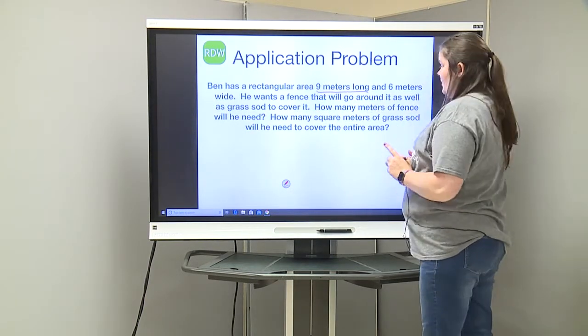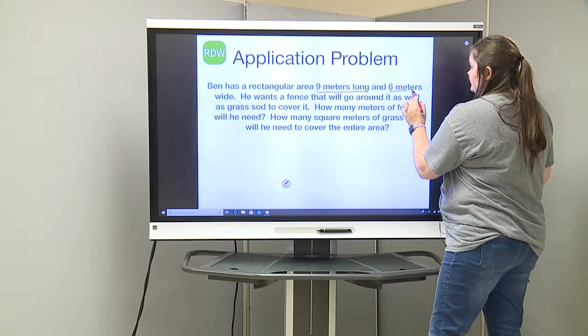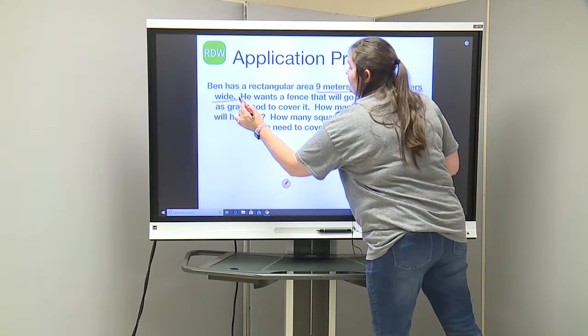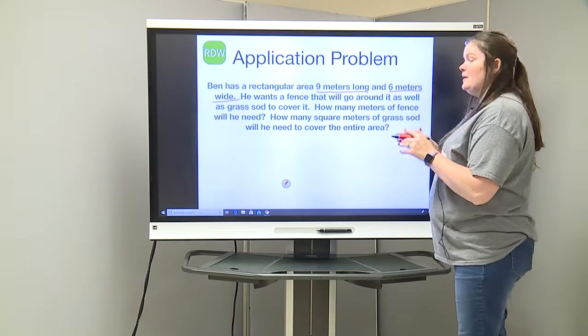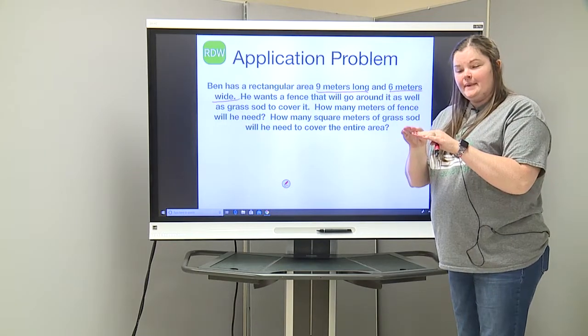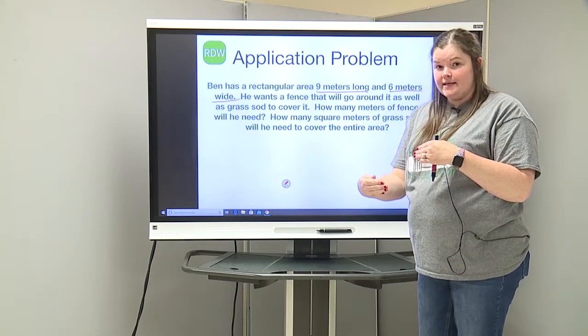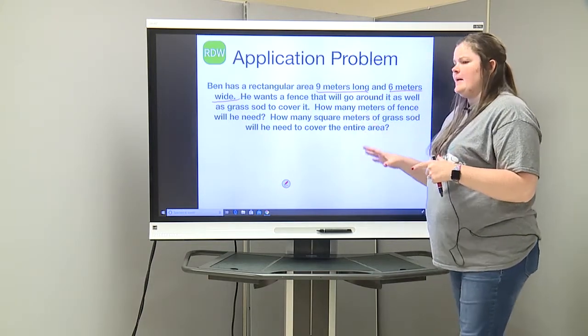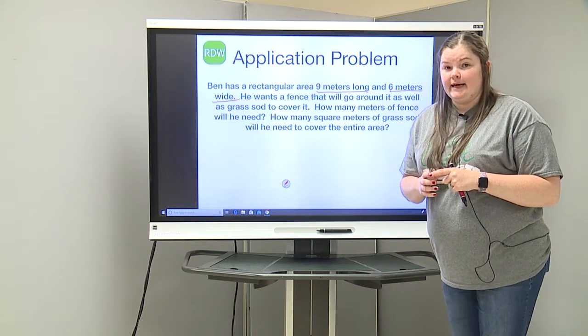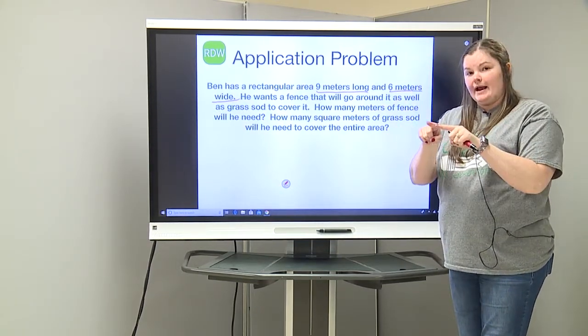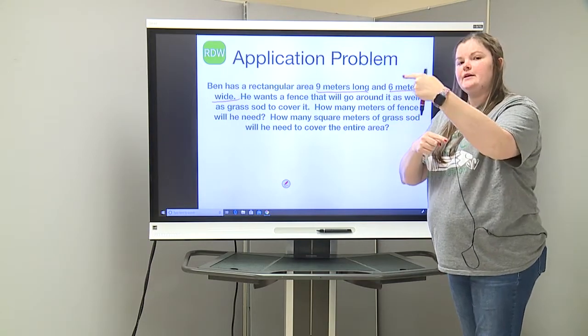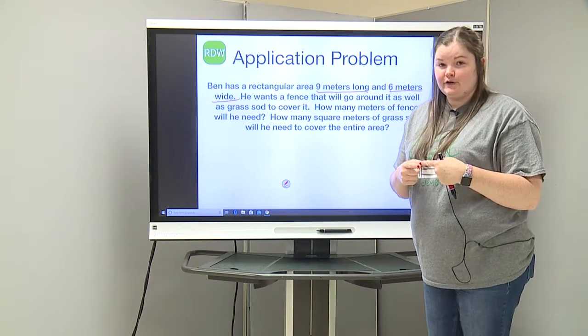But it's also 6 meters wide. That's also very important in this problem. He wants a fence that will go around it, but he also wants grass to go on the inside. So we need to think about what we learned in 3rd grade that will help us figure out what we need to go around the fence and then what we can use for the inside for the grass.